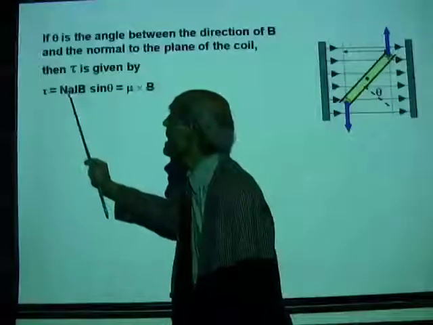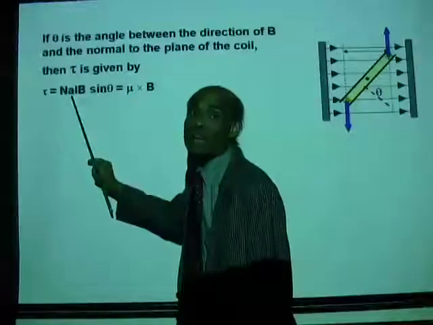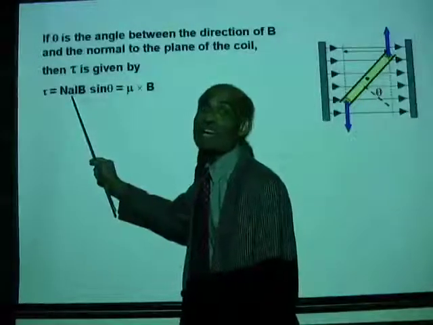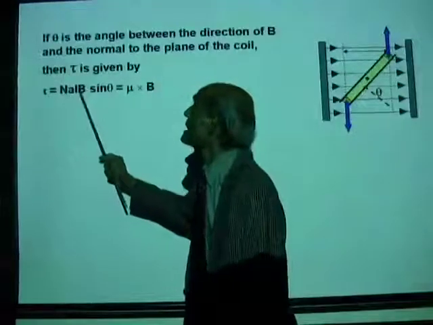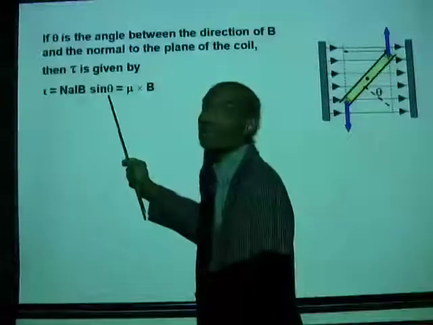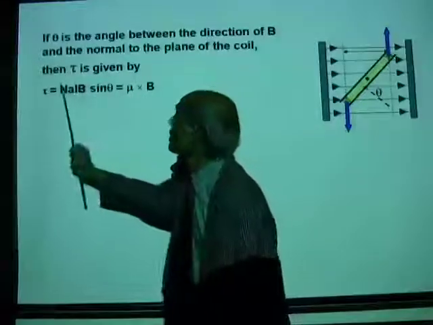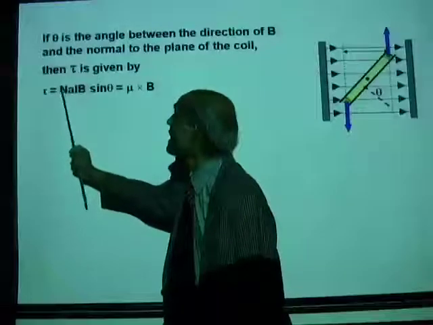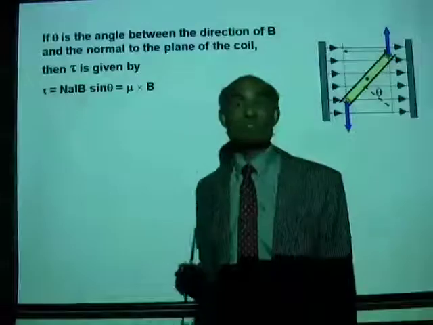You can see that I have a small printing error there. That A must be uppercase A, area of the coil. N uppercase A IB sine theta. And that can be written as mu cross B, because NAI is the vector called the magnetic moment of the coil.